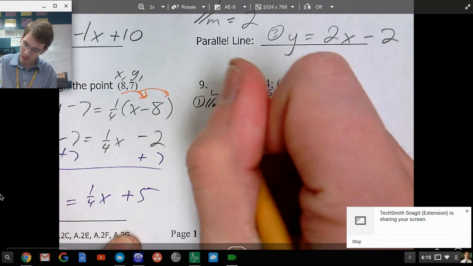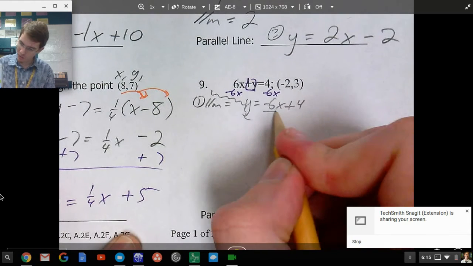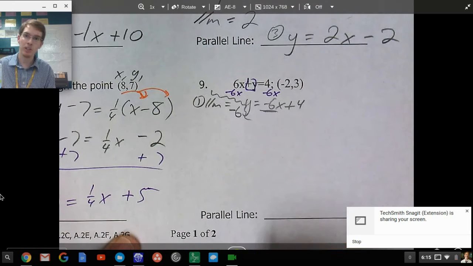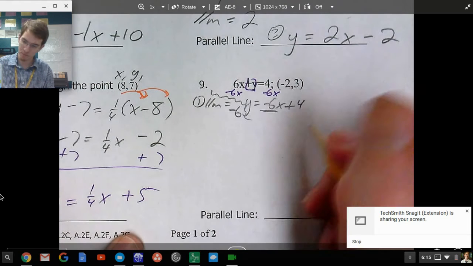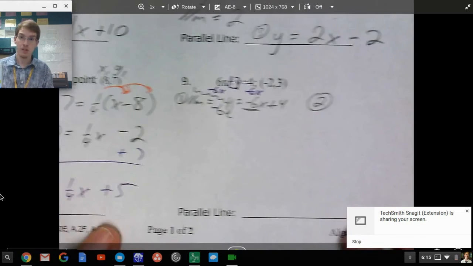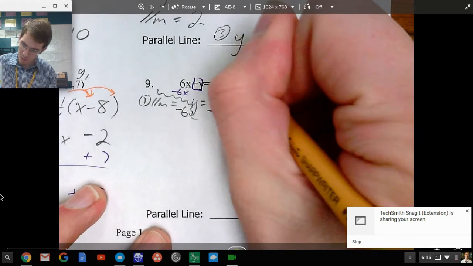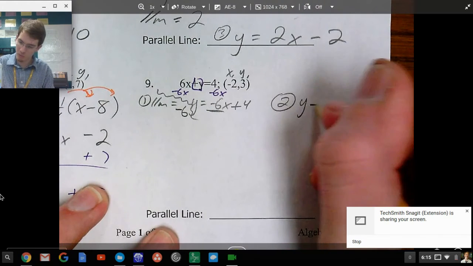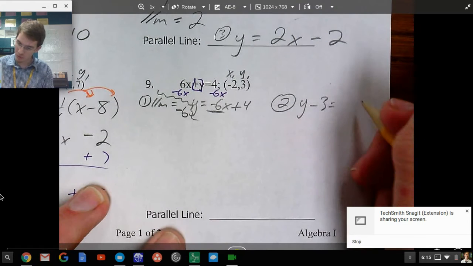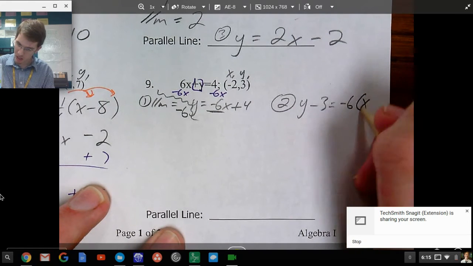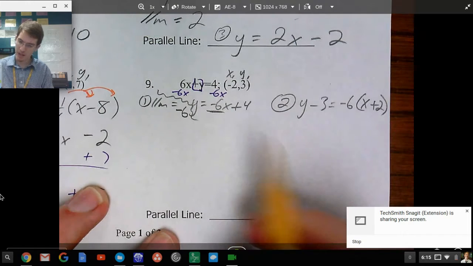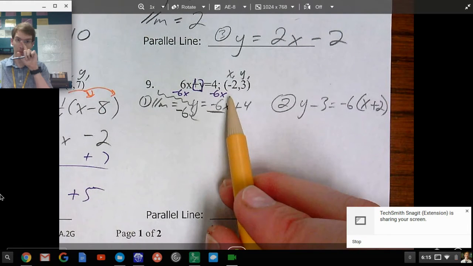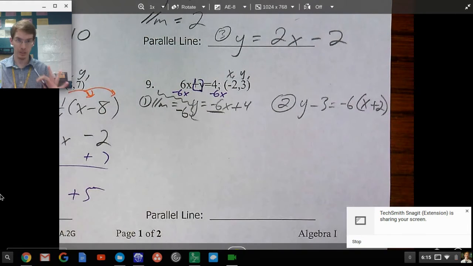So in this case, the slope is negative 6, so my parallel slope is also negative 6. I need to know that. I'm going to do x1, y1 for my point slope: y minus 3 equals negative 6 times x plus 2. I'm subtracting a negative there with my point slope, so keep up with the negatives, please.